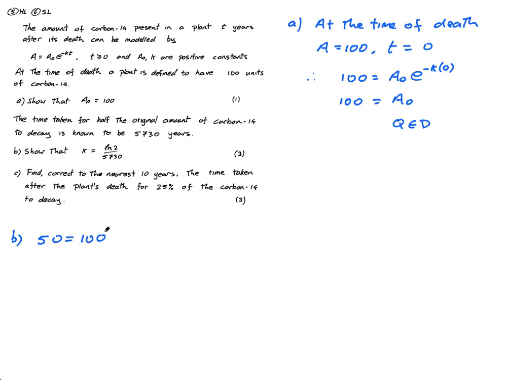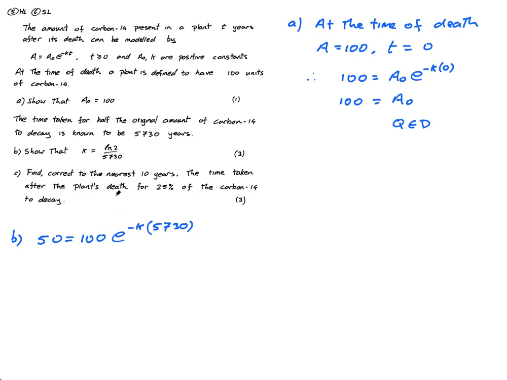So 50 is equal to 100, because A0 is 100, e to the negative k times this, because this is the time now, 5730. I need to turn this into this.